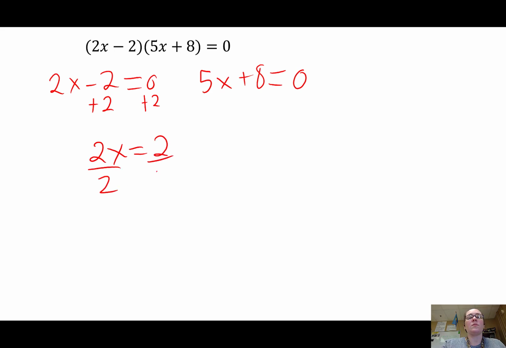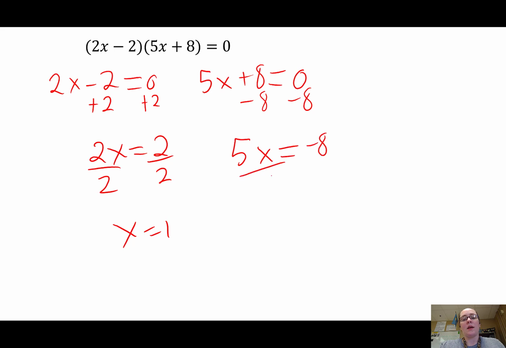Then divide by 2, and we get x is 1. On the other one, I get 5x equals a negative 8, and divide by 5. So then we get x is equal to negative 8/5. So we either have x equal to 1 or we have x equal to negative 8/5.